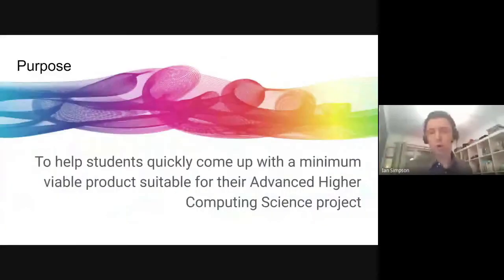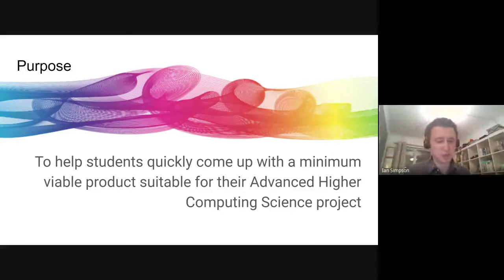So the idea behind introducing design thinking into advanced higher computing science was basically because projects are difficult and it takes kids a while to get their ideas together. We start it in June usually when the timetables change. And that process of getting them started thinking about their projects rolls into summer and they lose momentum.